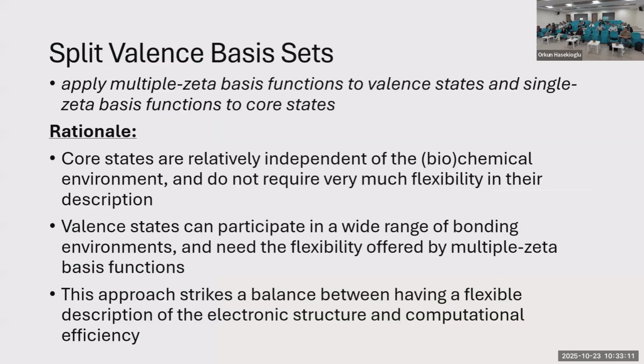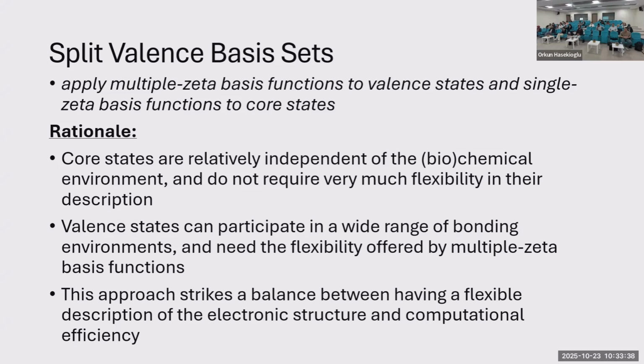So split valence basis sets apply multiple zeta basis functions to valence states and single zeta basis functions to core states. Why do they do that? Because the core states are relatively independent of the chemical environment, and do not require very much flexibility in their description.